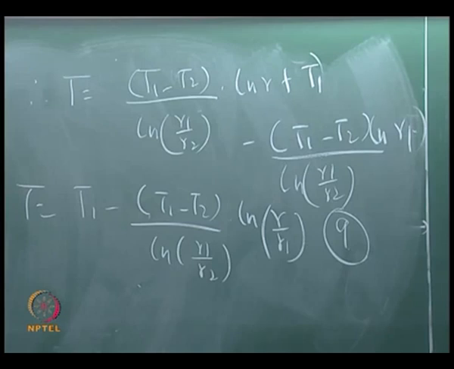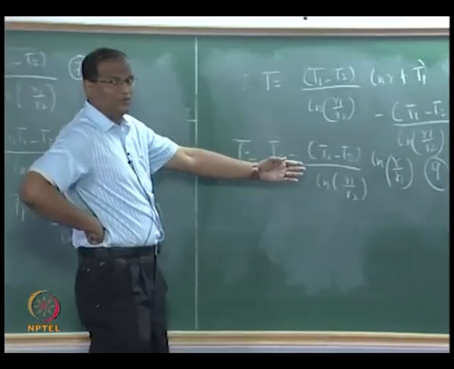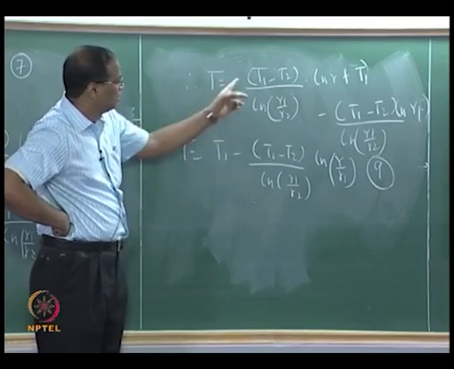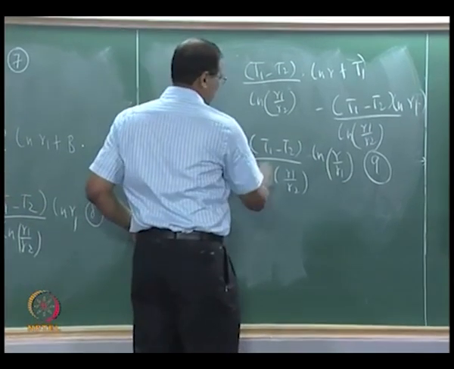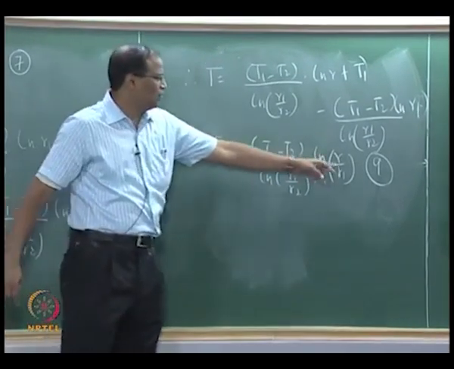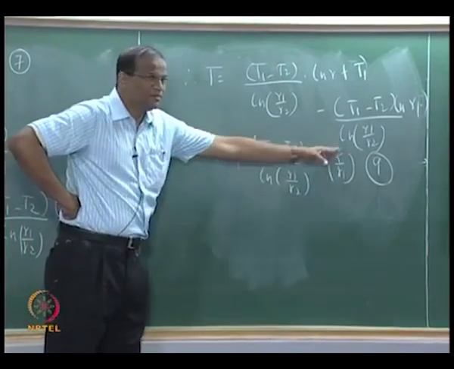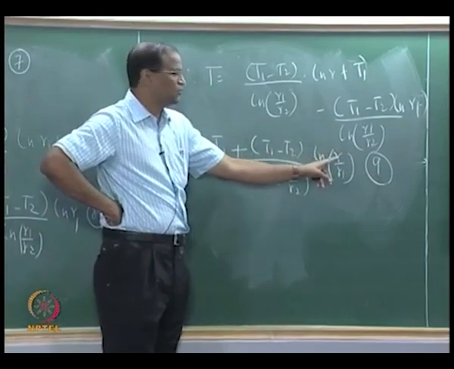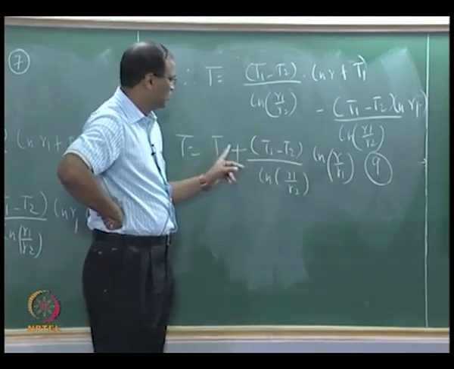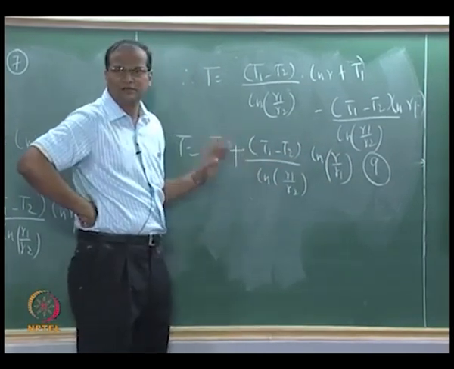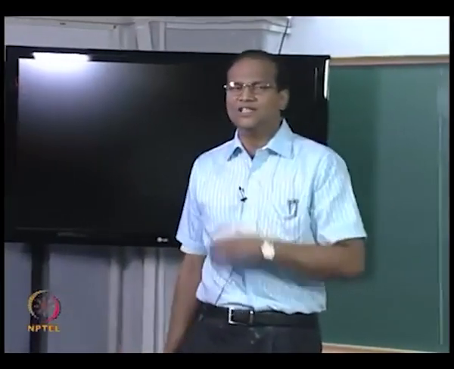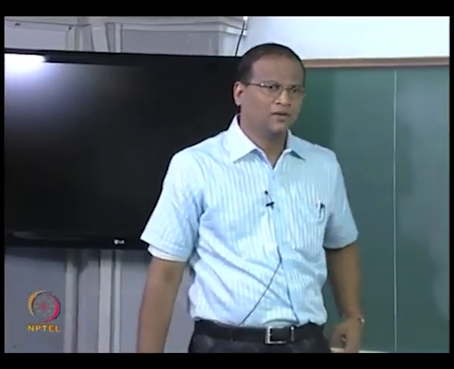At r equal to r1, what is ln of r by r1? At r equal to r1, this becomes ln of 1, it is 0, so T equal to T1. At r equal to r2, this will become ln of r2 by r1, so T equal to T1 minus T1 plus T2. So the equation is correct. So we check it for asymptotic correctness.